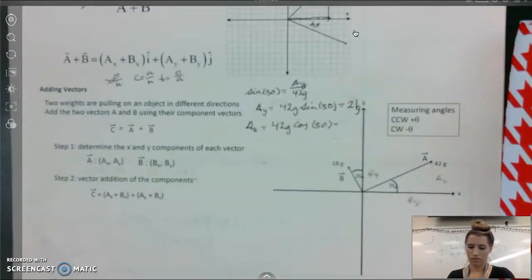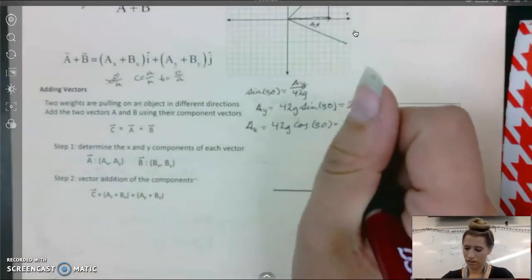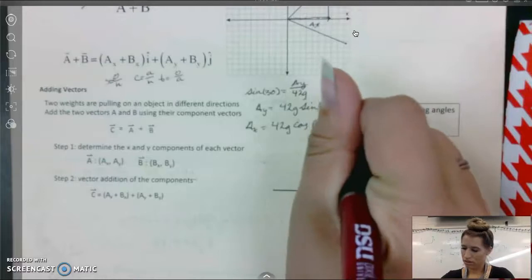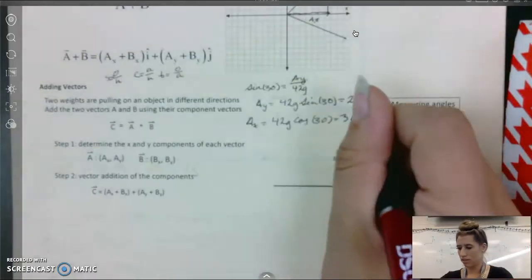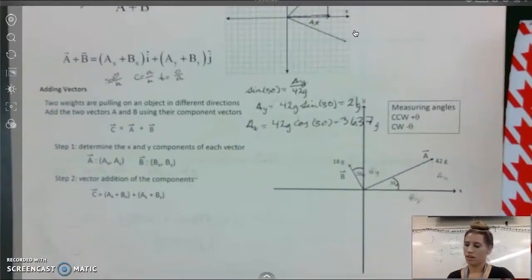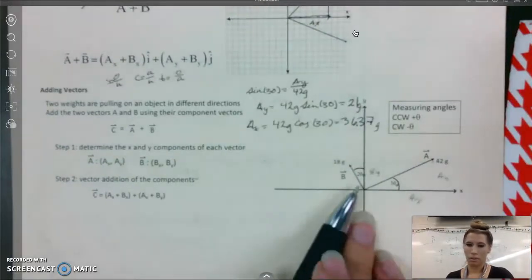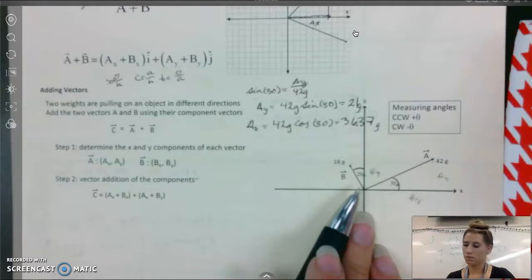I didn't go through that one step by step, so if you want a reminder of how I achieved that, watch the day's video before this one, because I go into great detail on that. So I get 36.373, etc. grams.